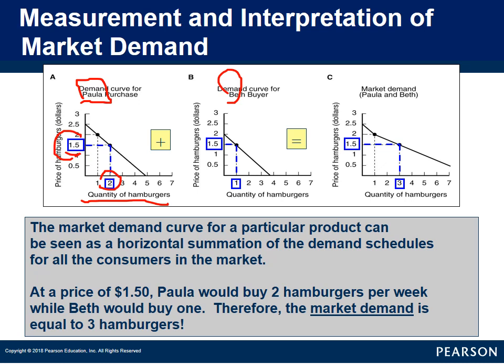She demands 1 hamburger when the price is $1.50. And when we're looking at the market demand, if Beth and Paula are the only consumers in that market, which it would be pretty unlikely that only 2 people were in a market, but as we're learning, we'll imagine that that's the case. So we would take 2 plus 1 to get 3 hamburgers are at the market demand when the price is $1.50.